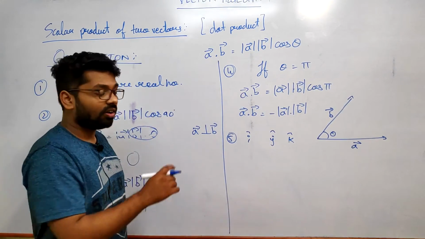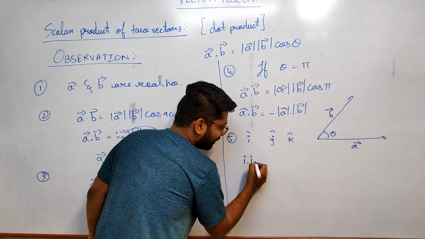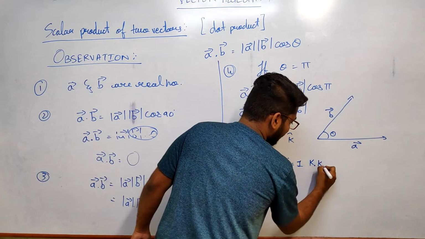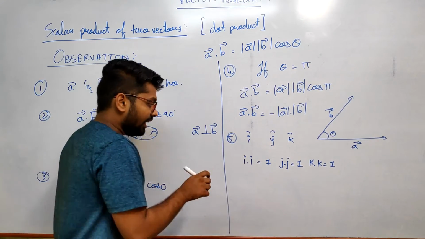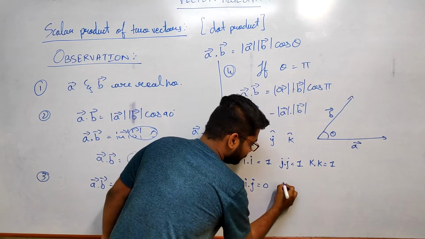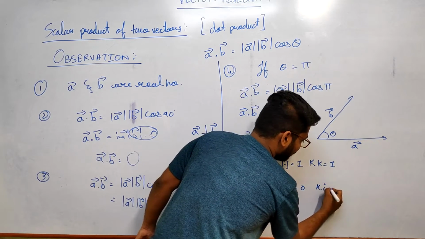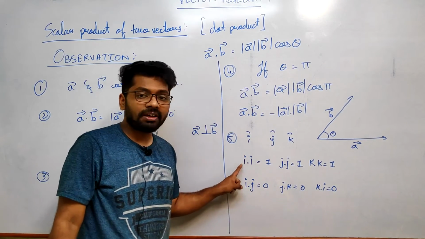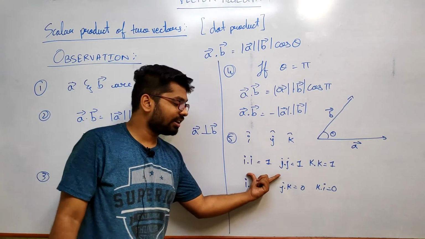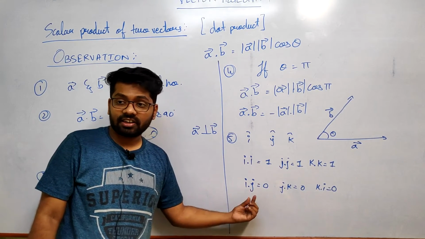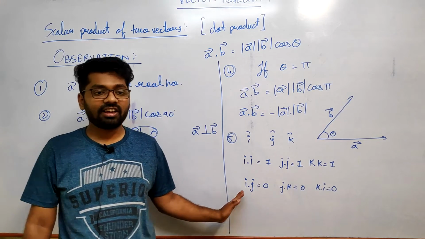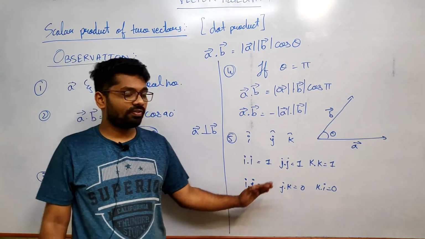Now for dot product, i dot i is equal to 1, j dot j is equal to 1, k dot k is equal to 1, and i dot j is 0, j dot k is 0, k dot i is 0. So if i take the dot product of i and j, your answer will be 0, j and k will be 0, k and i will be 0. For any other combination it is going to be 0. So these are your 5 observations.